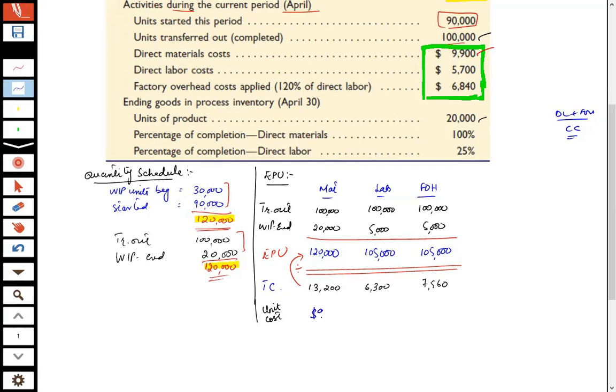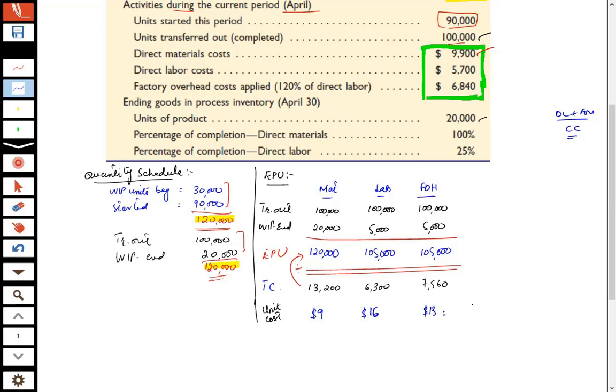Labor, 105,000 divided into 6,300, $16. And FOH, 1,760, $13.